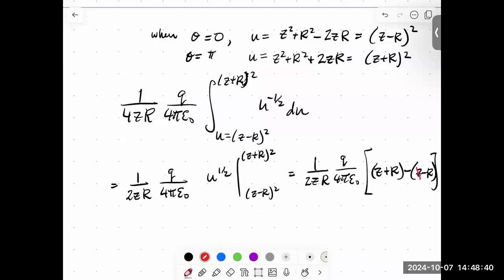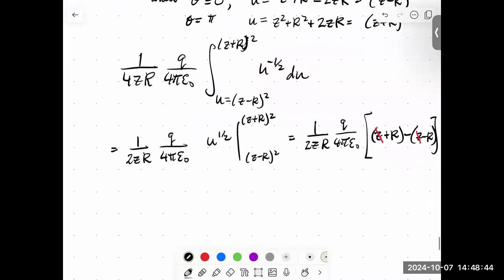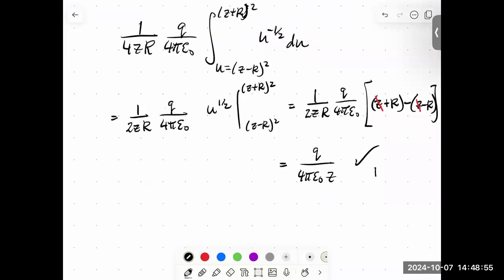Okay, so the z's are going to cancel, and we end up with a 2r, and overall we get q over 4 pi epsilon naught z, and this is what we expected. This is a point charge, distance z away.